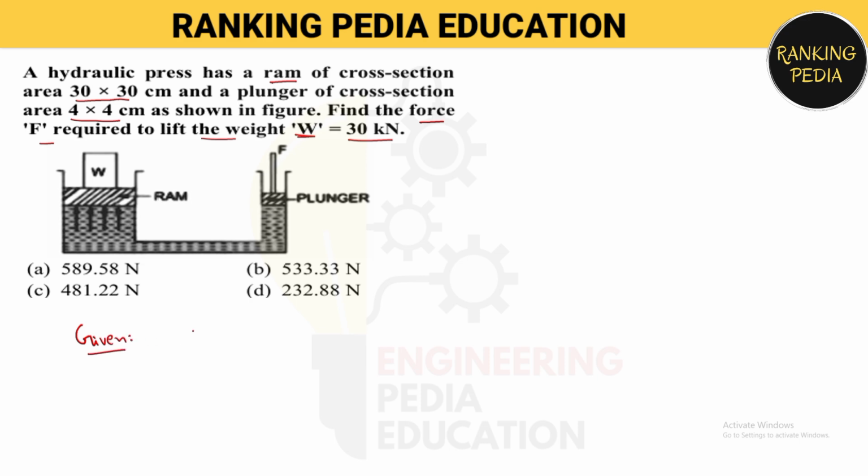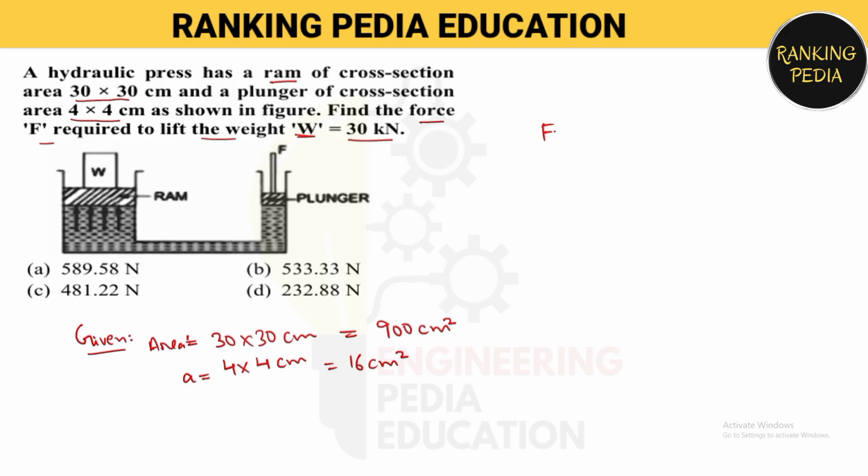Over here, what is given? The ram cross-section area is 30 into 30 centimeter, which is 900 centimeter square, and the plunger cross-section area is 4 into 4 centimeter, which is 16 centimeter square.